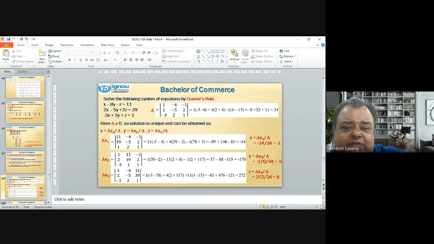Replace x by minus 1, y by minus 5, and z by 8. Minus 1 plus 20 is 19. 19 minus 8 is 11. That means we can say that our calculation is correct. That is how to check whether the value you have calculated is correct or not.